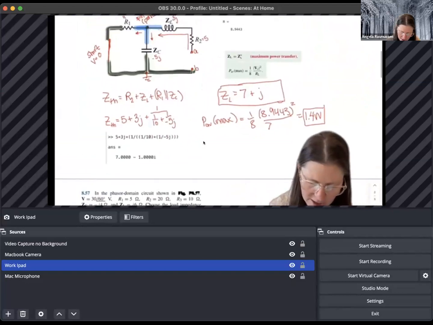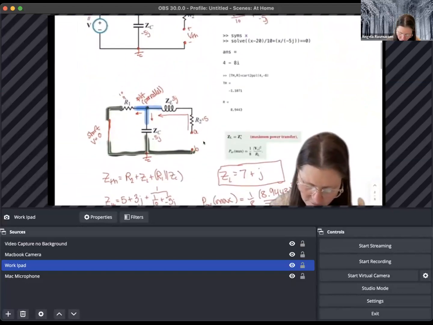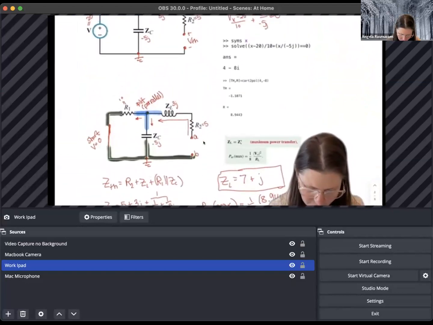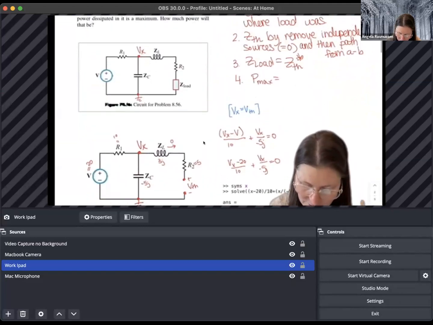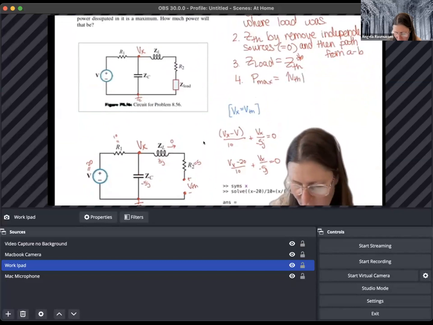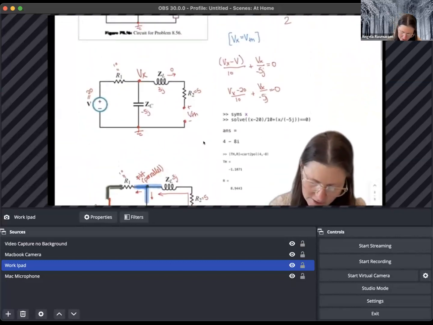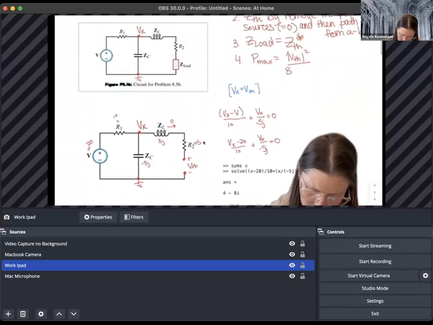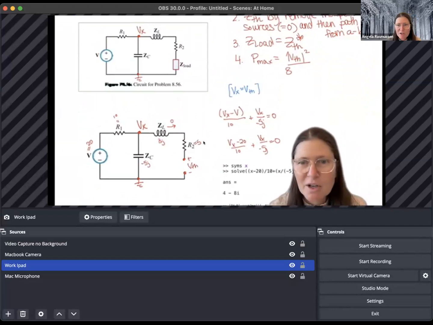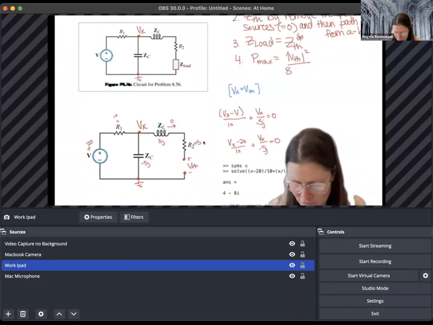The max power is 1/8 of the absolute value of VTH squared, so the magnitude of VTH squared over 8, divided by the real part of ZTH.